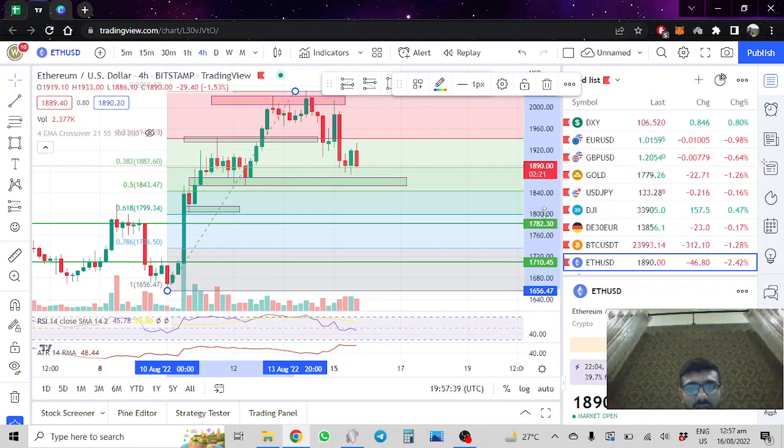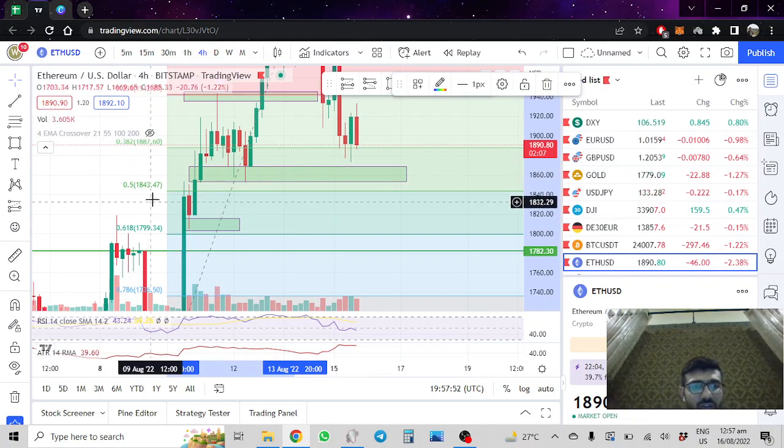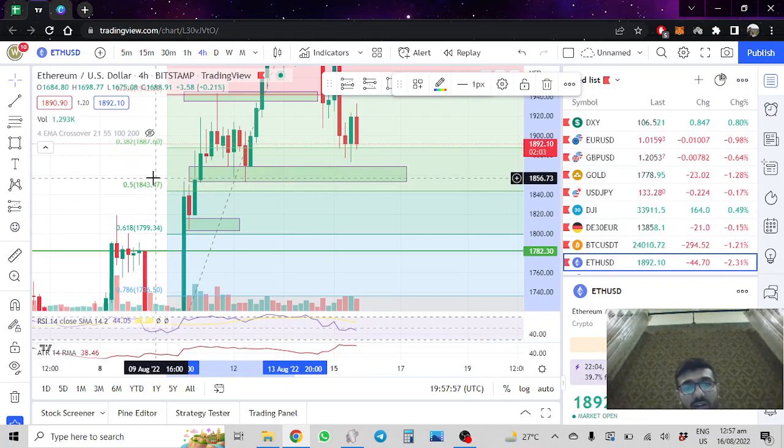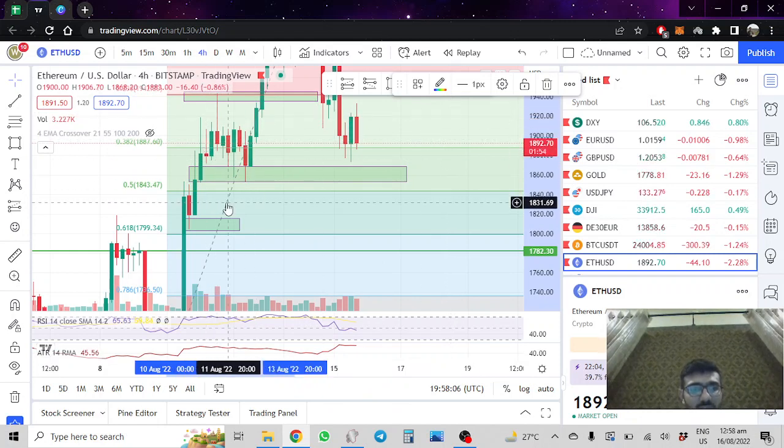And the area that we have marked for us is 1853 to 1869. So there is a great chance that tomorrow 1843 could be tested, and if it is tested, we can go long from there as well. Okay, so that would be my planning for Ethereum. So let's see what happens.